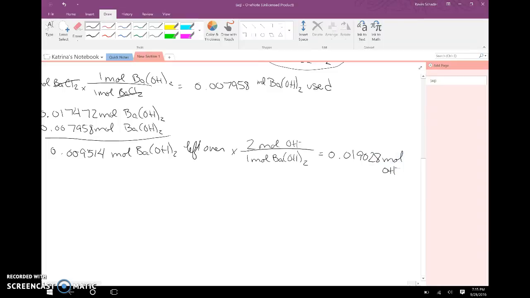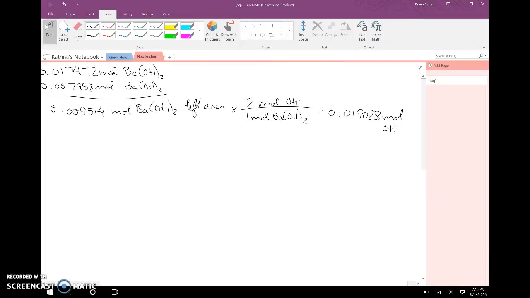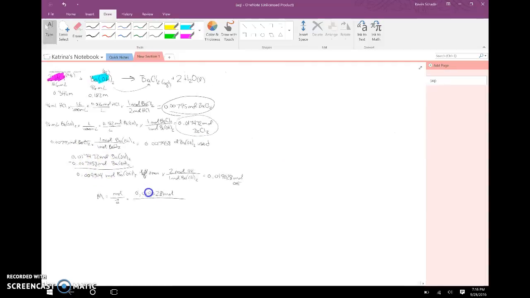But again, that's not what the problem asks you for. So I'm going to continue to scroll down. The problem asks you for the concentration. Concentration is molarity, which is moles of solute over liters of solution. I know the moles, 0.019028 moles. And I also know the liters. Here's one part of the solution.